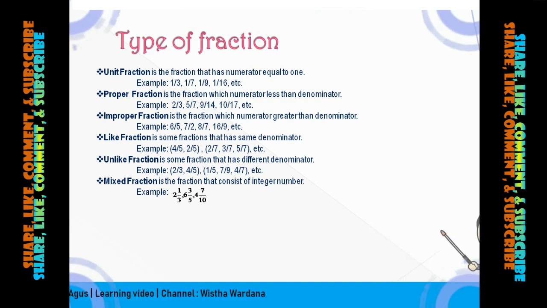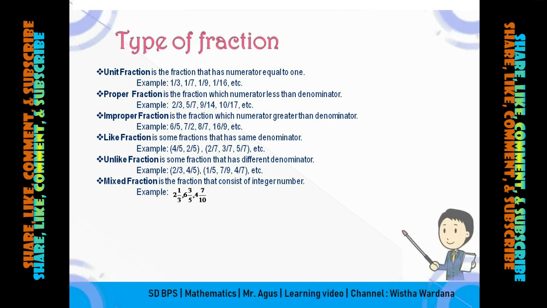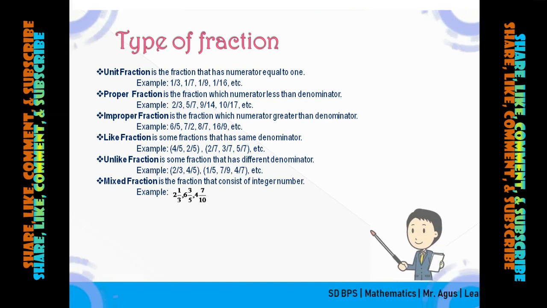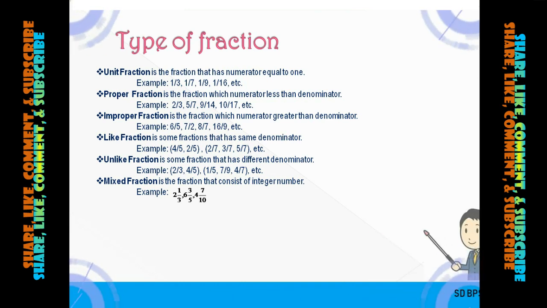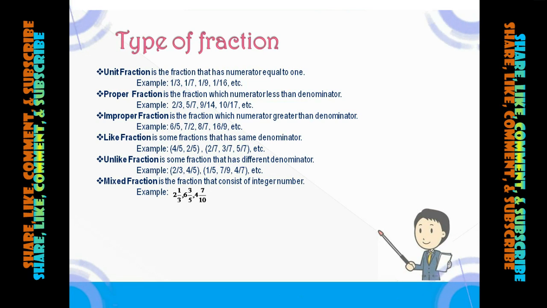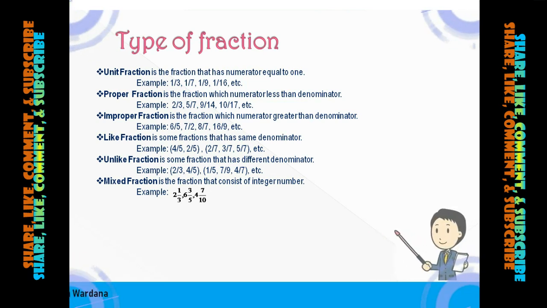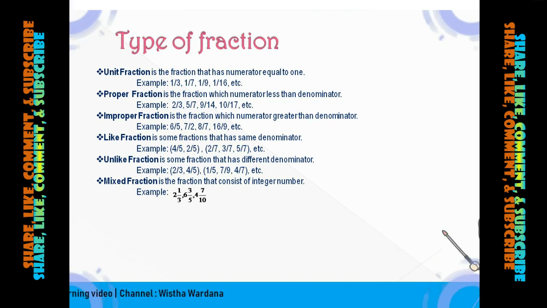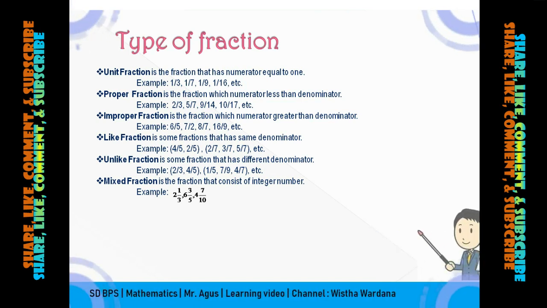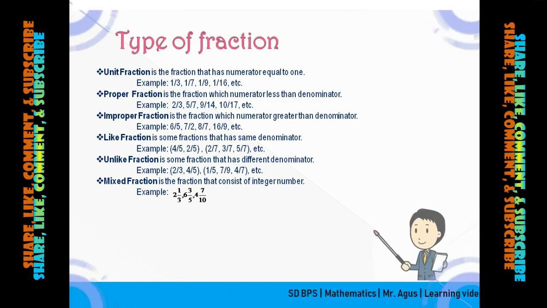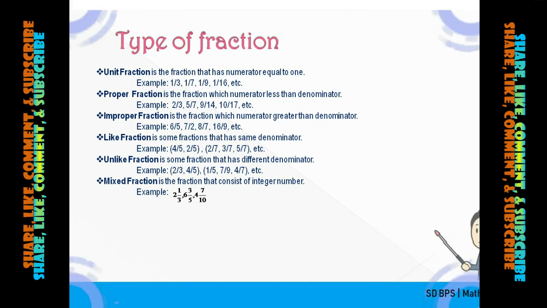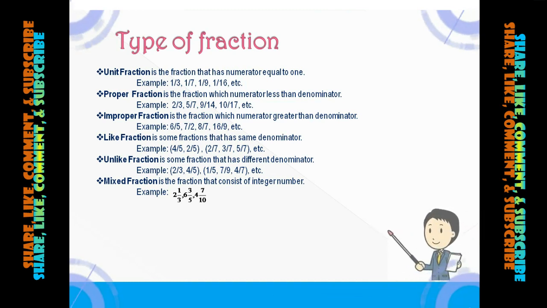Like fraction and unlike fraction. All of you already learned about like and unlike fraction in grade 3. You can read it by yourself. This is a reminder for you. And then, mixed fraction. A mixed fraction is a fraction that consists of an integer number.